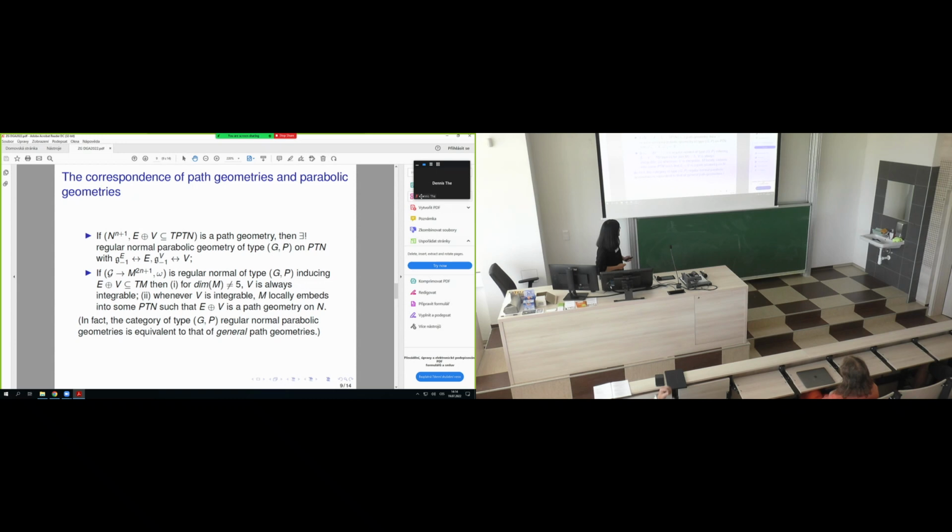But we have all the local features of path geometries from the regular normal parabolic geometry of this type.